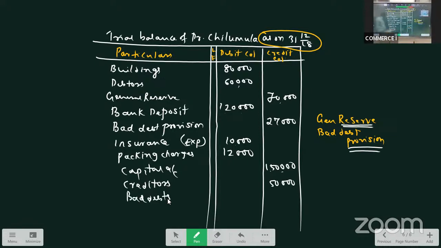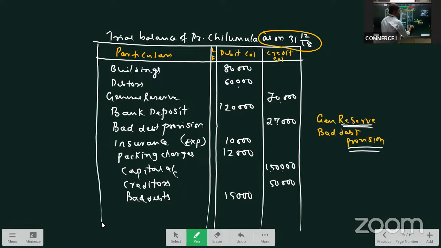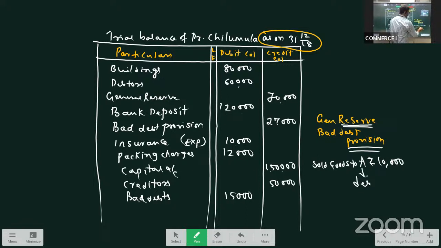Bad debts are irrecoverable debts. That is, suppose we sold goods to A, rupees 10,000. What do we call A? A is our debtor. Suppose he is not in a position to pay. He says that I'm not going to pay 10,000. I don't have amount.